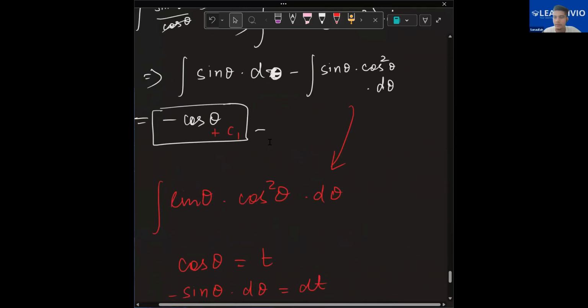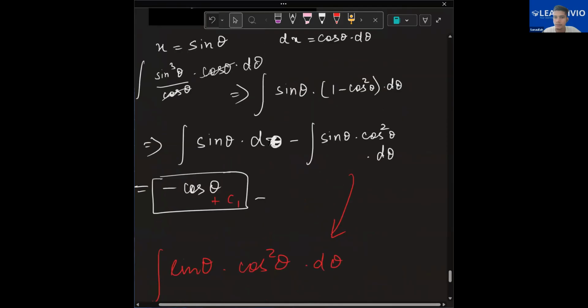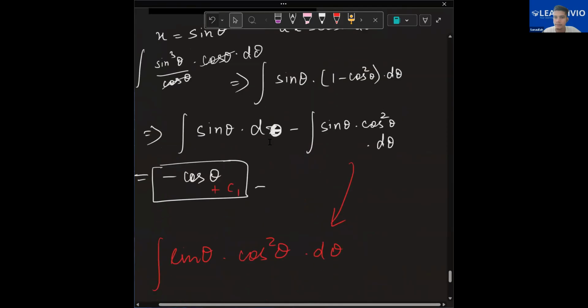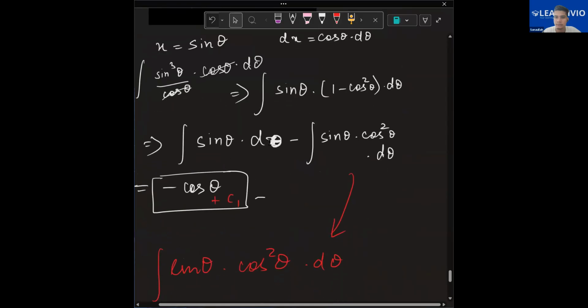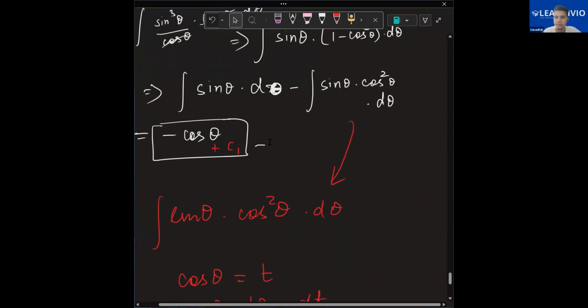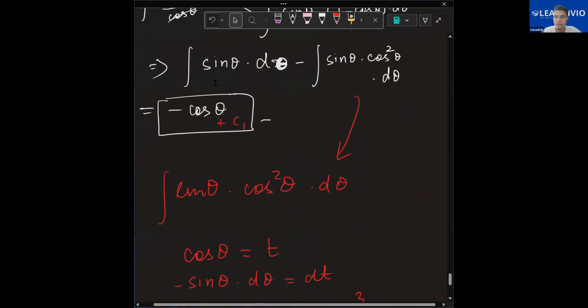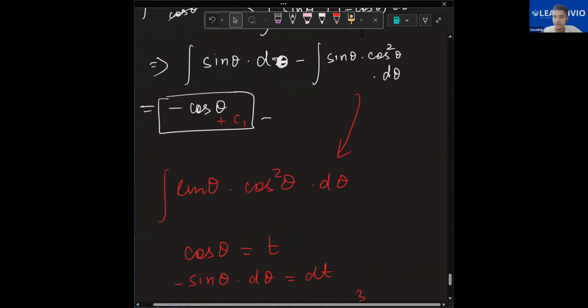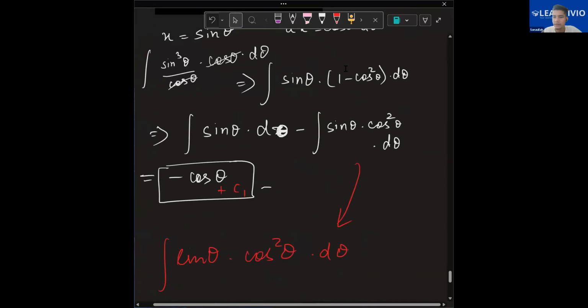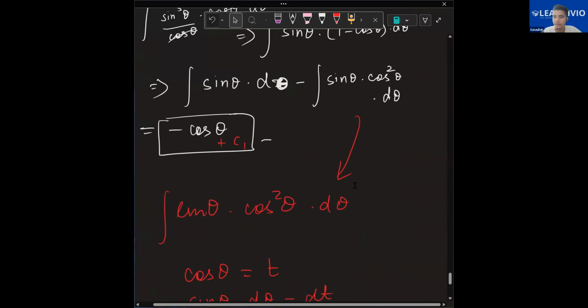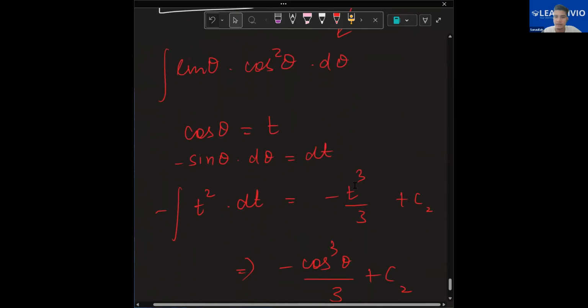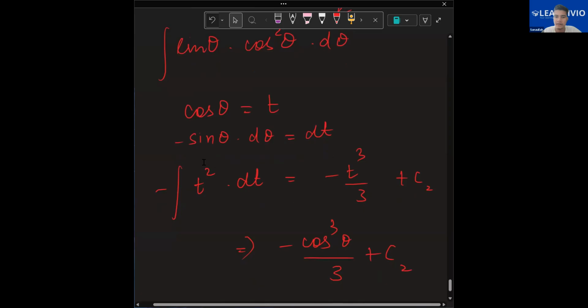Are we missing something? For this, we got minus of cos theta plus C1, and for this, sin theta cos square theta. For this, we will take cos theta as t, and minus of sin theta d theta is equal to dt, right?